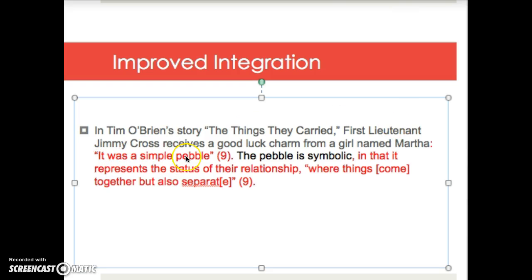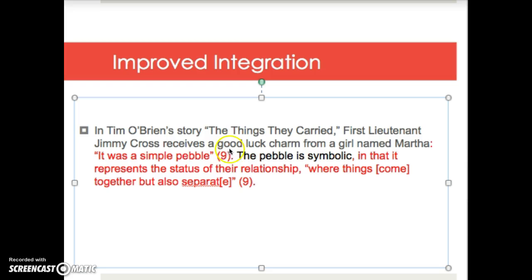As a quotation, it is not a complete sentence, so it can't stand on its own. So this is an easy way of connecting these two sentences. And the colon suggests that the good luck charm is the pebble, so those two things are being connected.